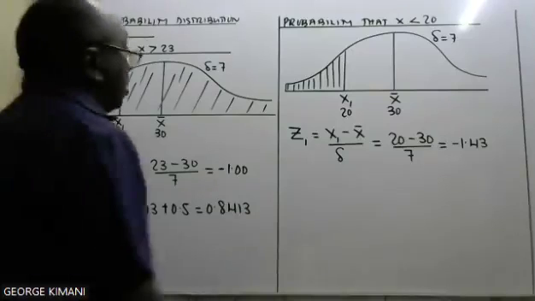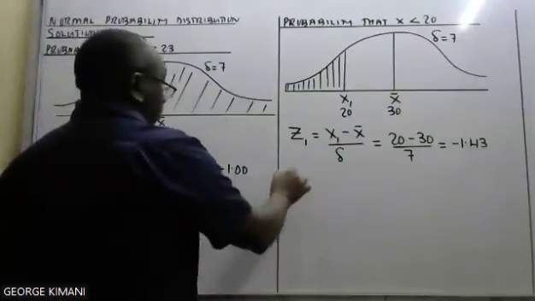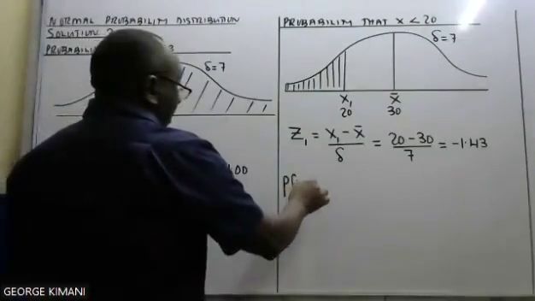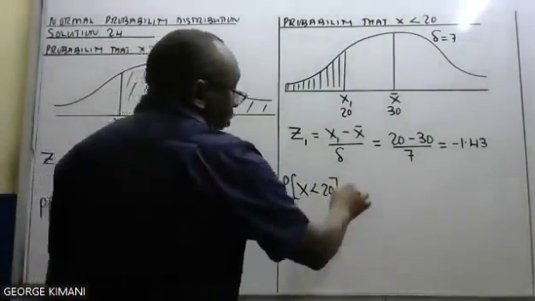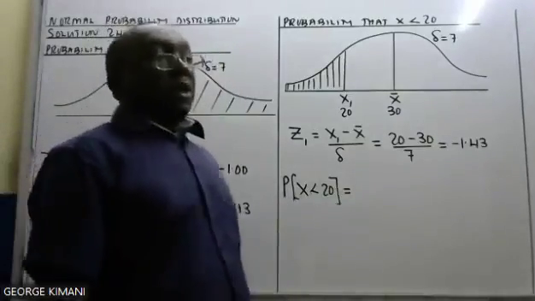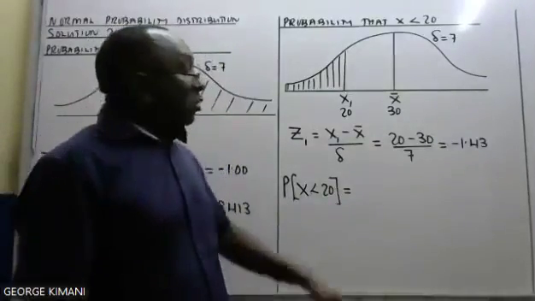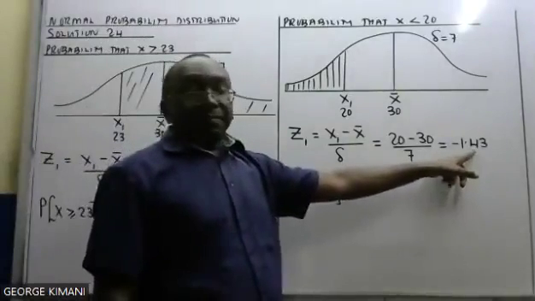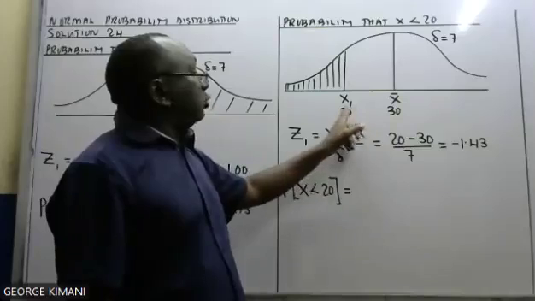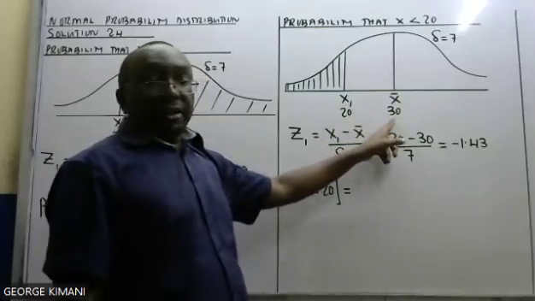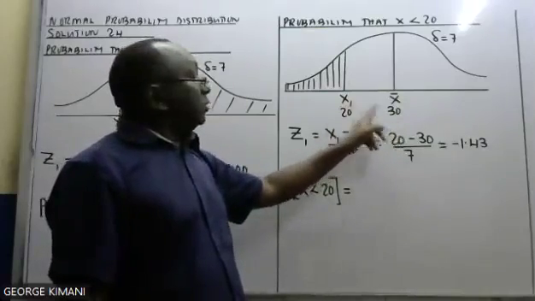So now you go to the tables. Probability that x is less than 20. Now what will happen, look here, is that when you go to the table to read this one, the answer you shall get is the probability from 20 to 30.